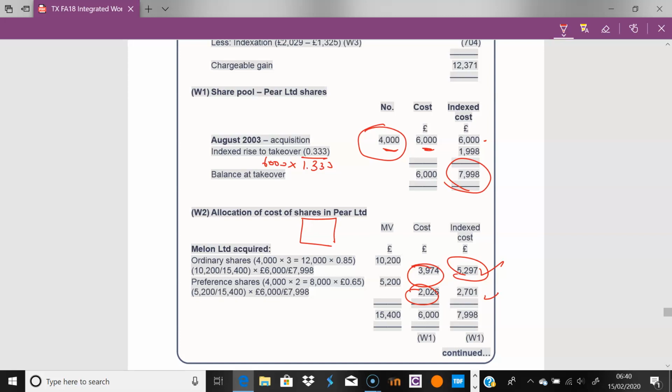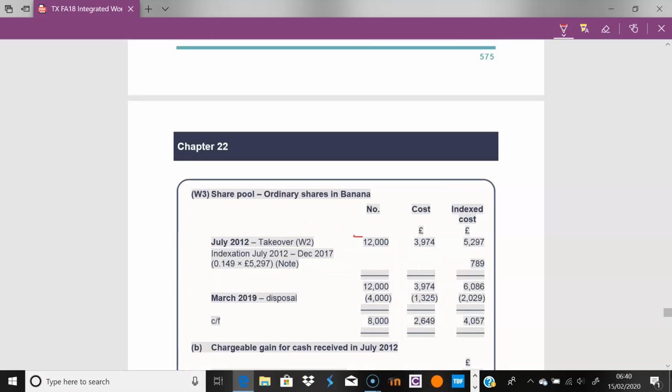Right, so key point is you have the 5297. That's our starting point. So we then carry on. You can see you have your 12,000. Yes, that is the cost, and that's the indexed gain. And again, if you remember, what I did then was just to literally take the 5297 and multiply that by 1.149.